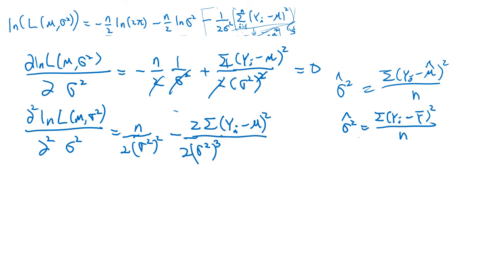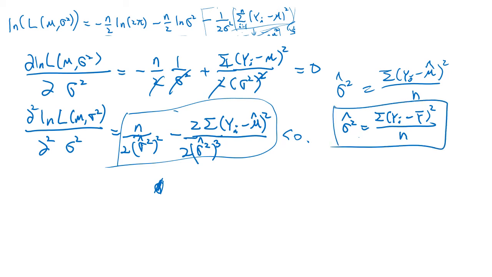And this time it is harder to check whether this is less than 0, but from this formula we should put sigma square hat here and mu hat here, and if you put these things here, then you can find that this one is less than 0, and so this condition also holds, and you can make sure this is our MLE as well.